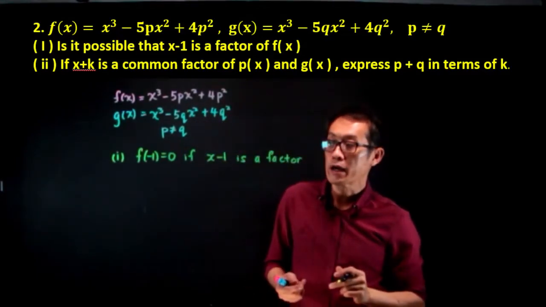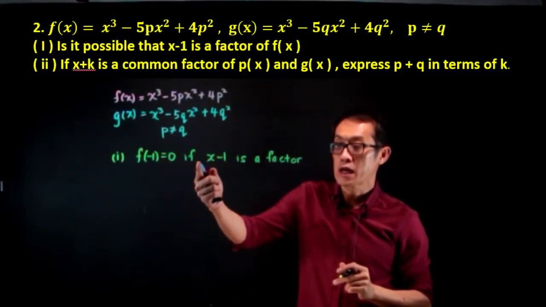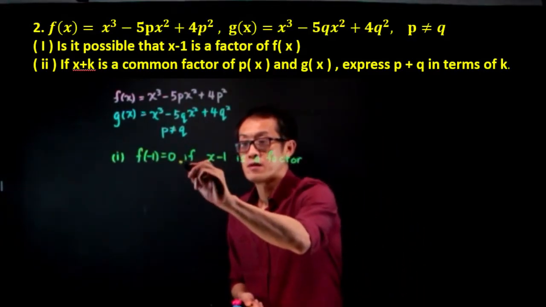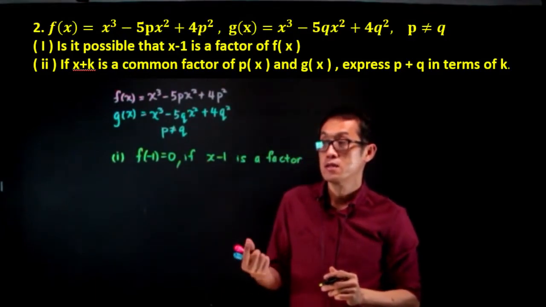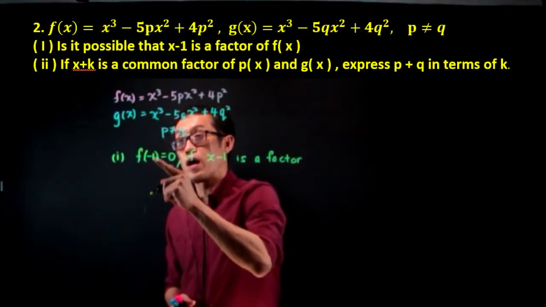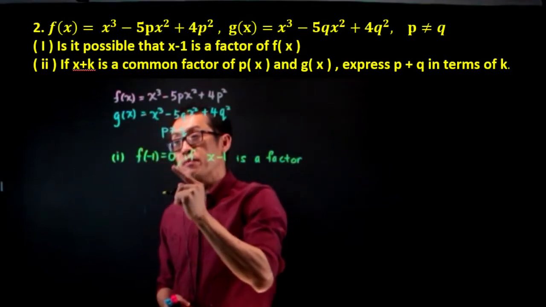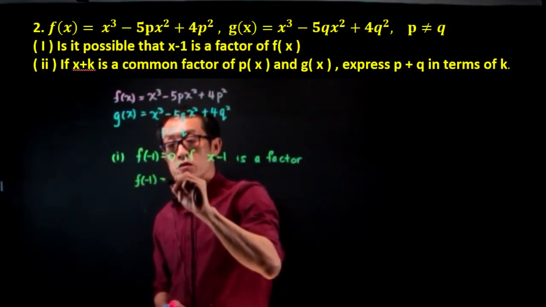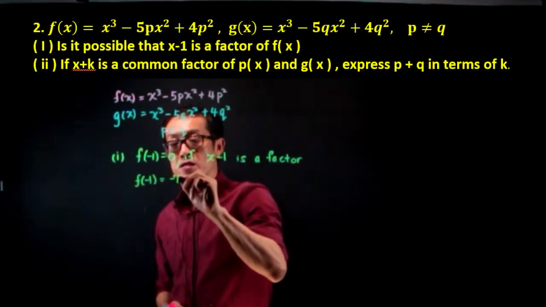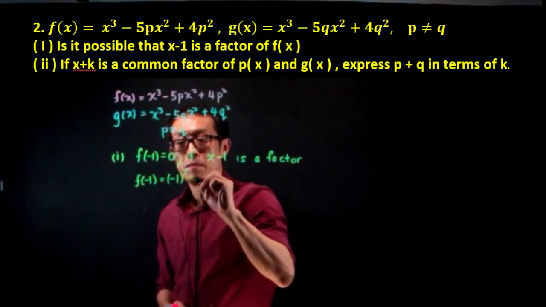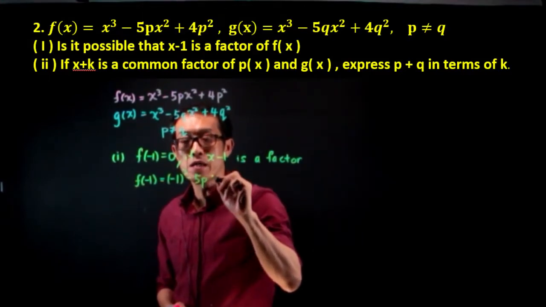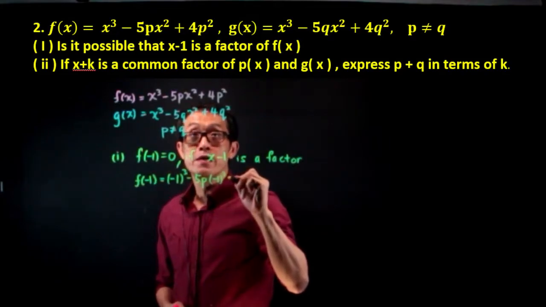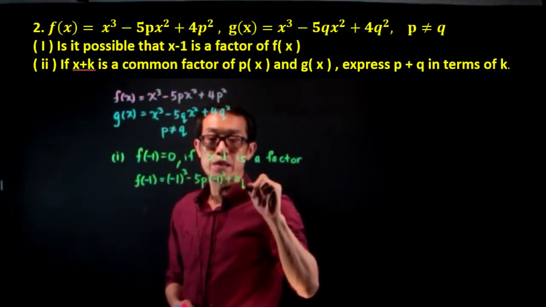So we need to check whether f of minus 1 can be 0 or not. Alright, let's replace x with minus 1. So you have minus 1 cubed minus 5p times minus 1 squared plus 4p squared.